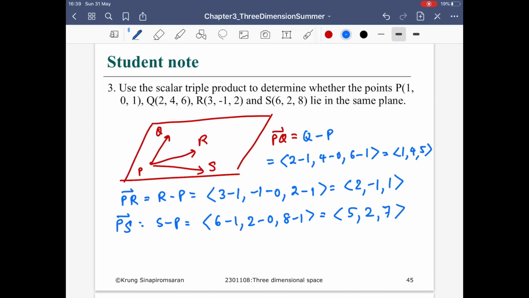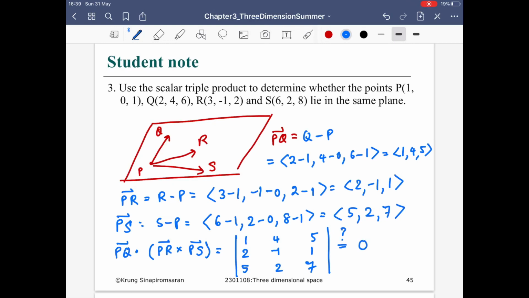And what you need to determine is your scalar triple product between these 3 vectors, which is PQ, PR, and PS. Okay, which is again a determinant of 1, 4, 5, 2, -1, 1, 5, 2, 7, and see whether it equals 0 or not. If it is, then they are coplanar.